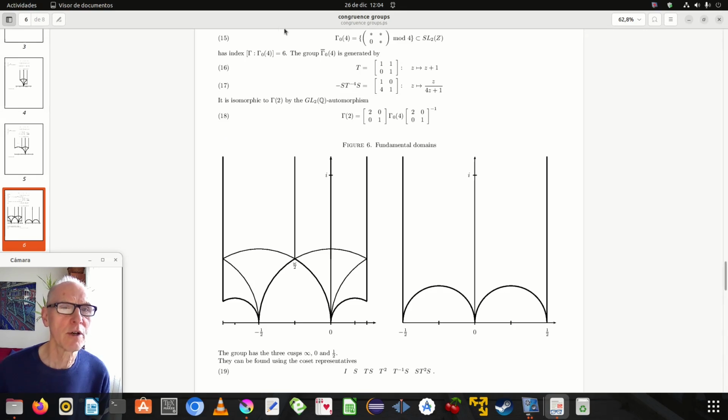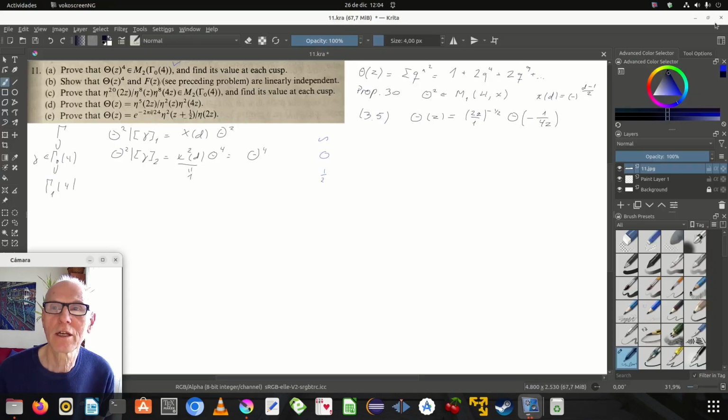And I just got my document with the subgroups, the congruent subgroups we've been working with, and that's minus 1/2, naught, and infinity. Right. So they were right. The value at infinity is obviously unity.